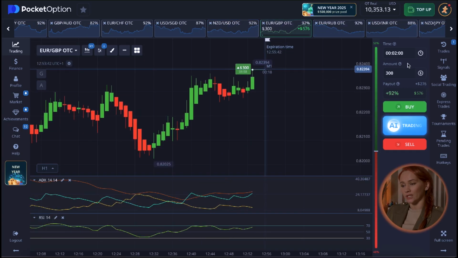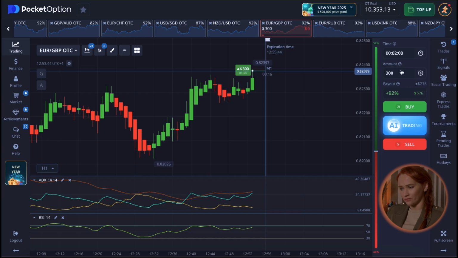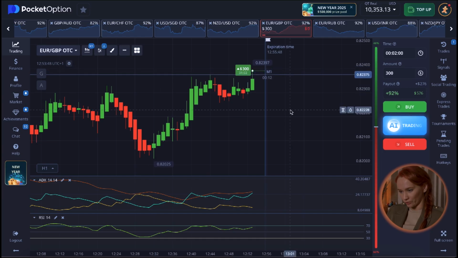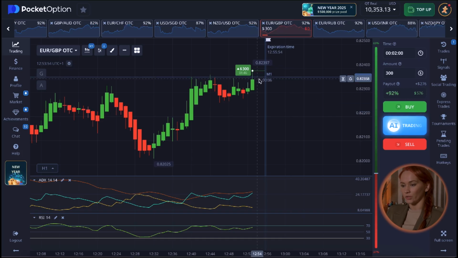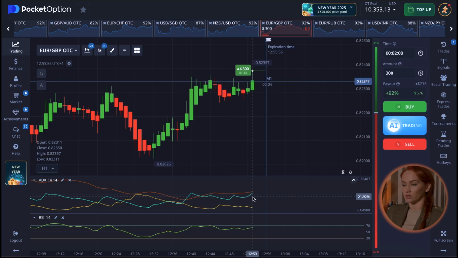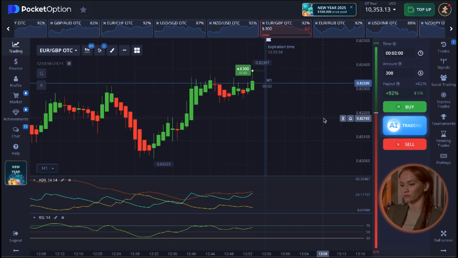I suppose a 2-minute deal is enough to successfully close the deal with the Euro British Pound currency pair. A buy deal with $300. Although the trend may reverse, it most likely will. Well, let's see.